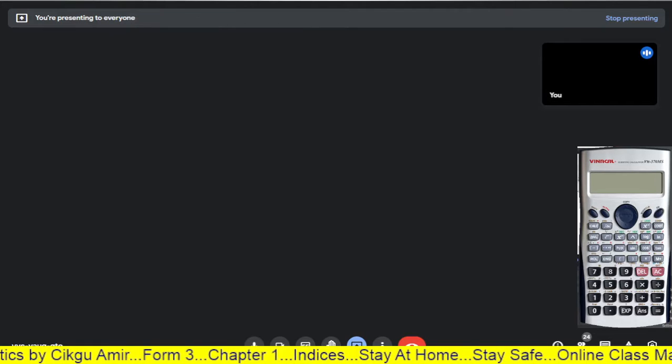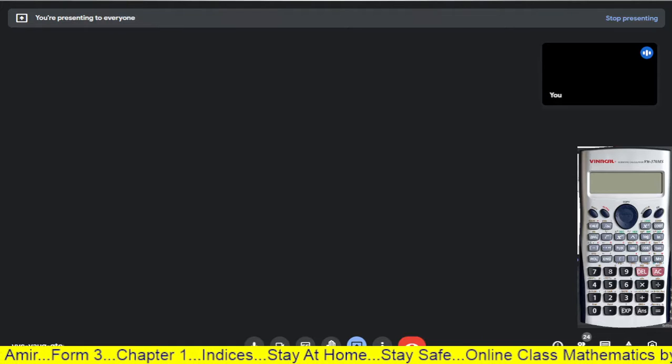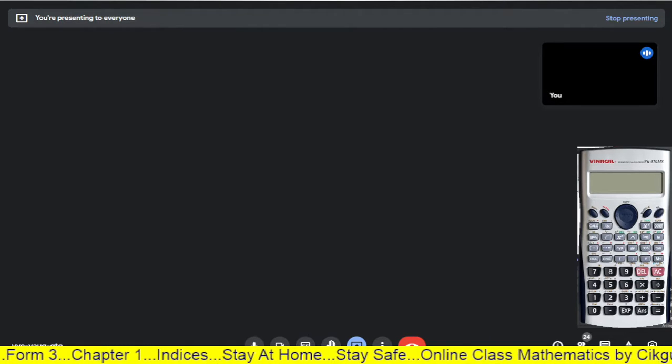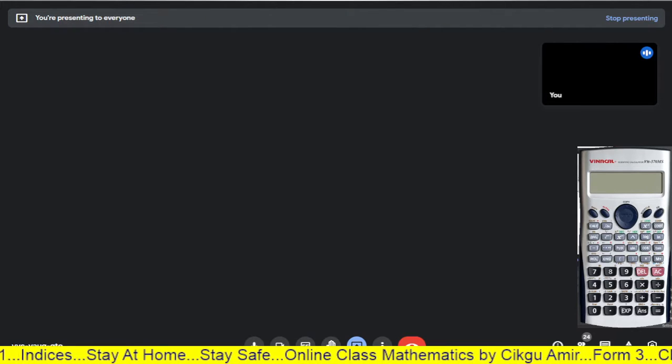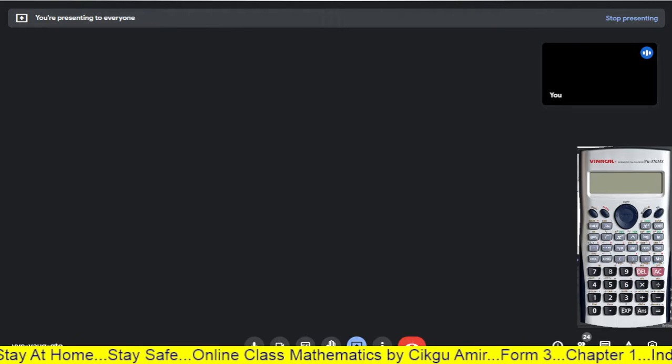So how to write this in index form? There are number 2s here. The number 2 here is the base, so you just write 2. How to count the power?